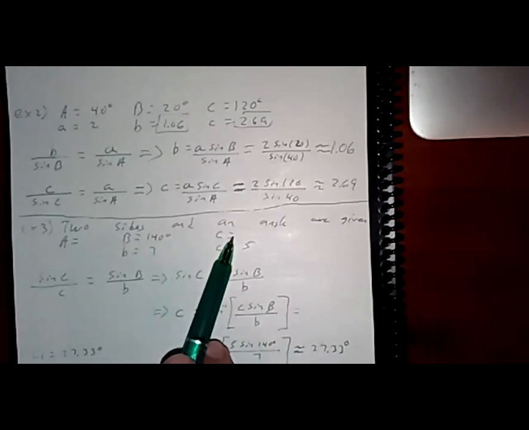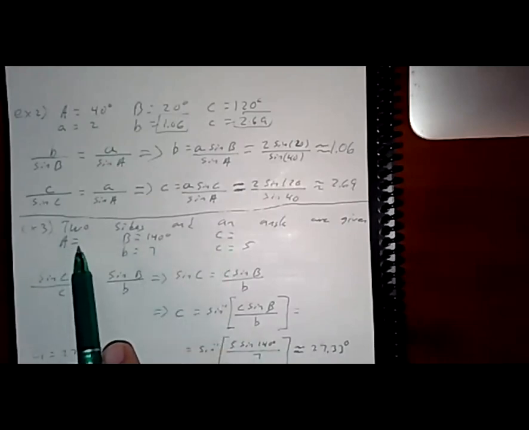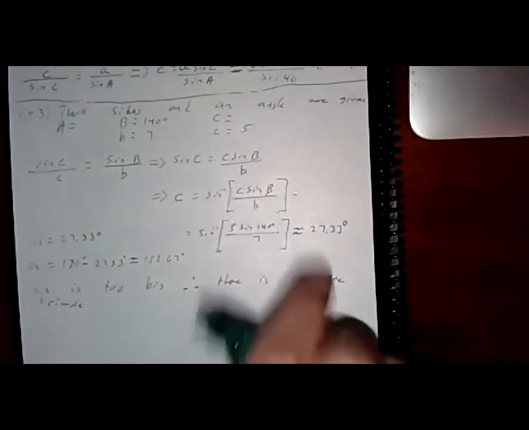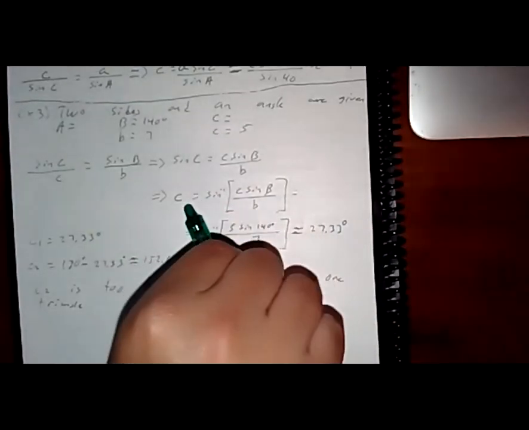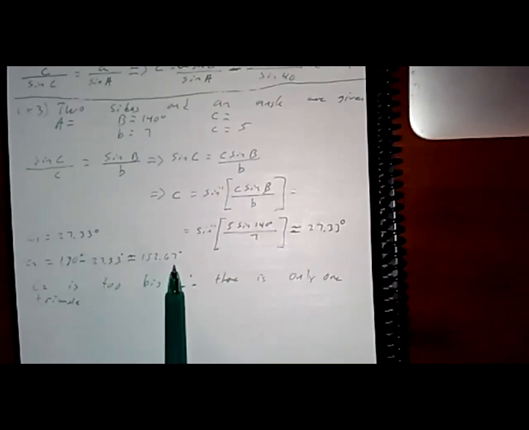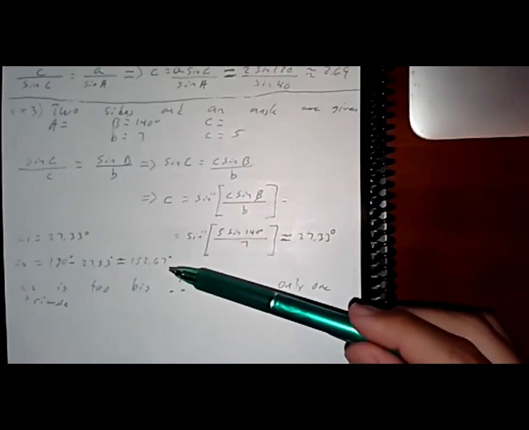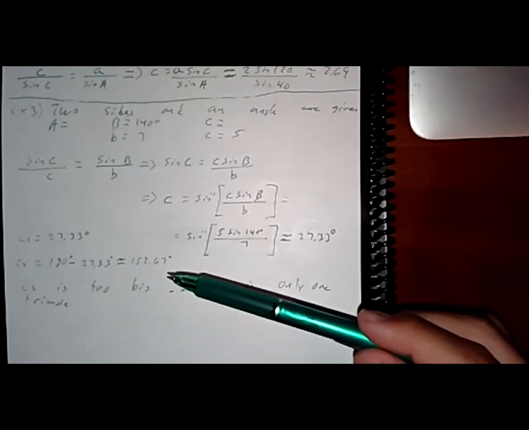We don't know C, we don't know capital A. And we also don't know if there's two A's and two C's because of the whole idea of the angle coming inward or outward. So we find both of the angles, right? And then we check, if I add them to the one we know, is it still less than 180? The 140 is B, right? If I add that to 152, it becomes too large. Do you see that?